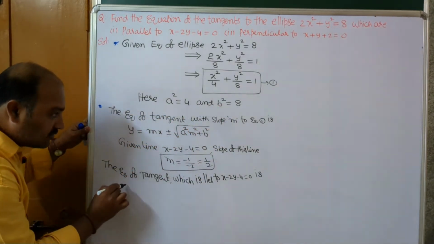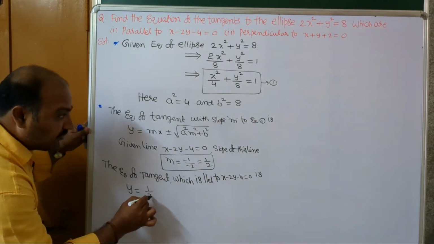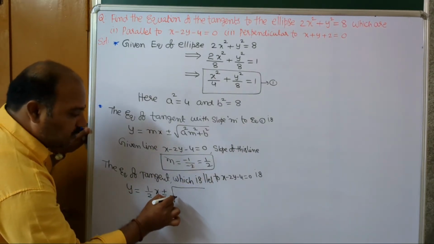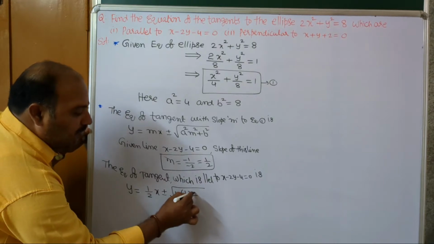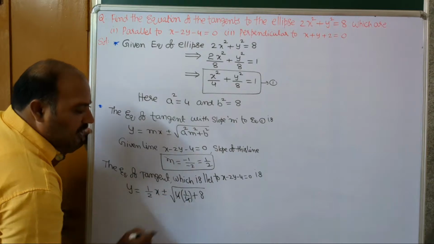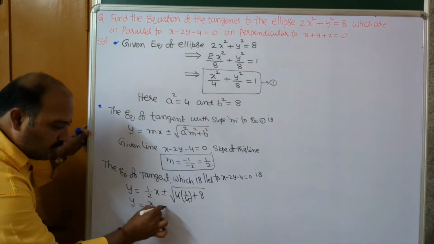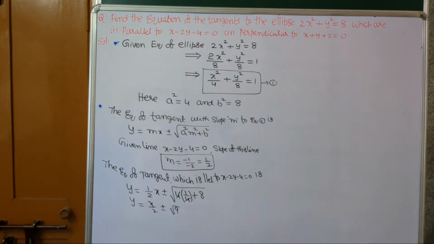So y equal to 1 by 2 into x plus or minus root over a square means 4, m square 1 by 2 whole square is 1 by 4, plus b square means 8. Here the 4 gets cancelled. Y is equal to x by 2 plus or minus root 9. Are you getting all of you? Last line? Yes.